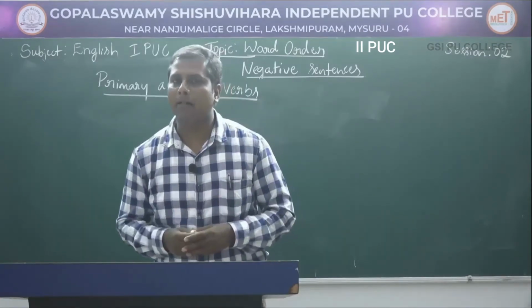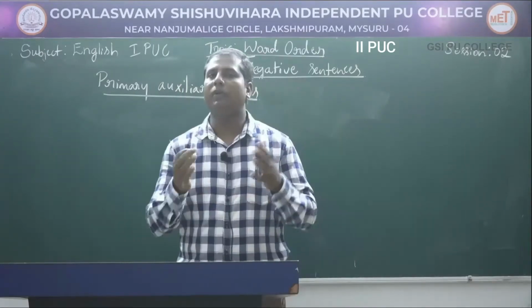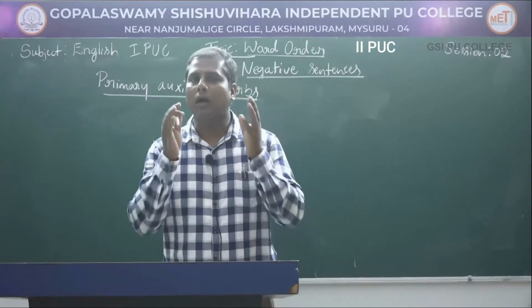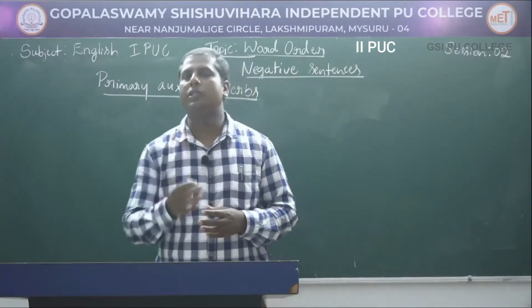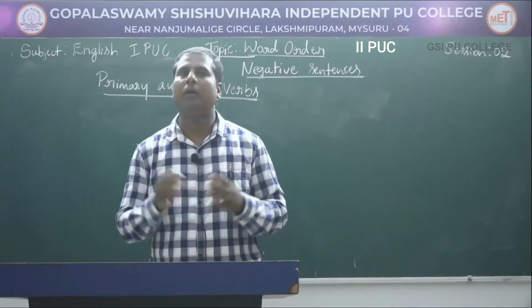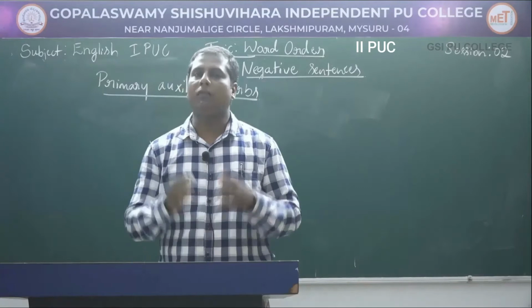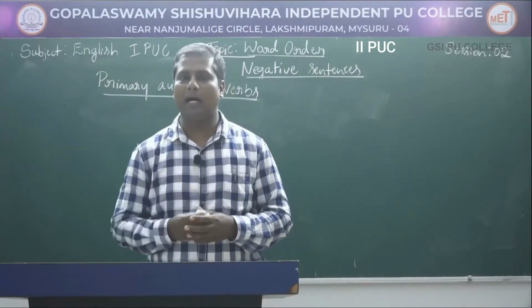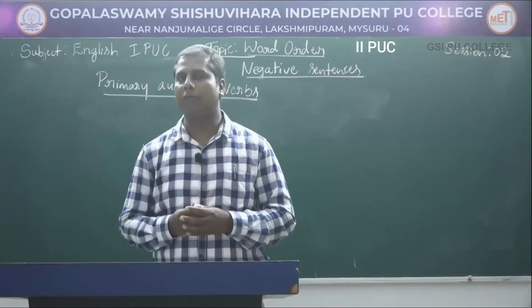It can be a part of primary auxiliary verbs. So before that, let us understand what auxiliary verbs are. Auxiliary verbs are used along with the main verb to complete the action. There are two varieties of auxiliary verbs. They are the primary auxiliary verbs and the modal auxiliary verbs.